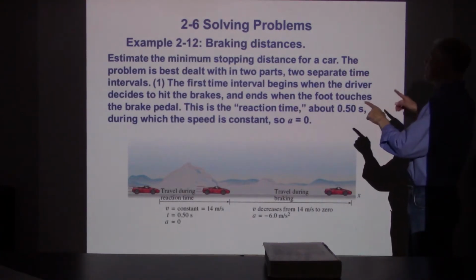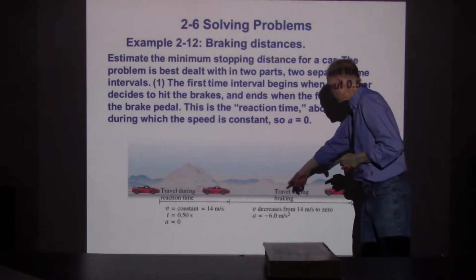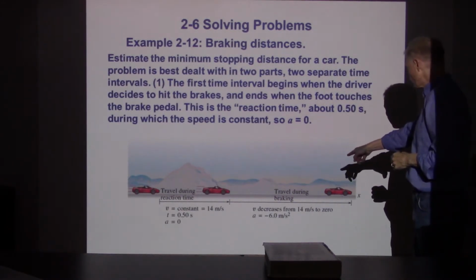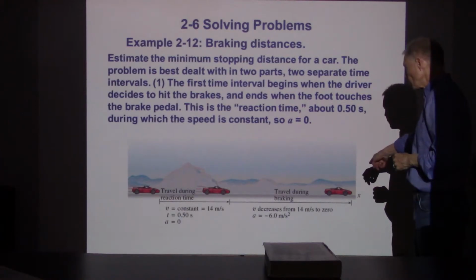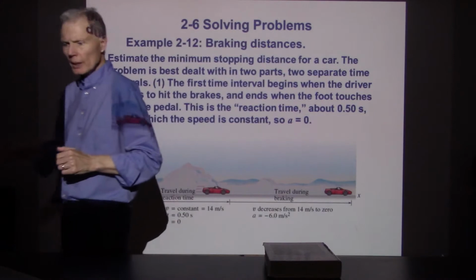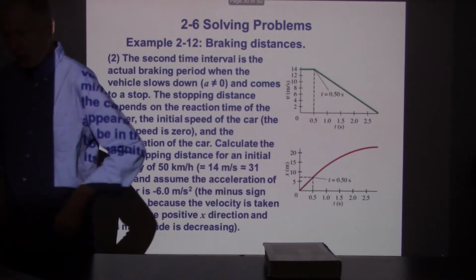They tell us the deceleration. Okay, it looks like the information is here. So it says that we're going to decelerate from 14 meters per second to 0, and the acceleration is going to be 6.0 in the direction opposite to the velocity. So that's the direction of the acceleration.